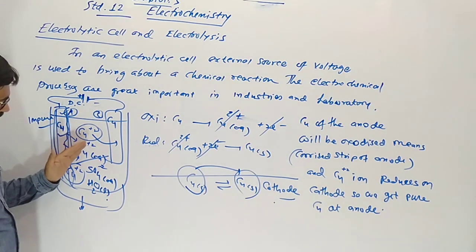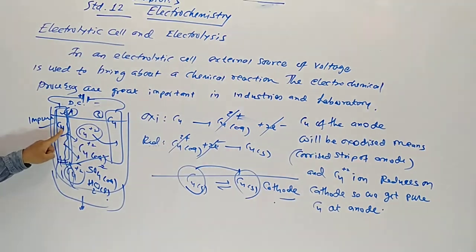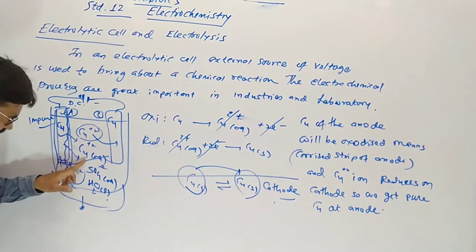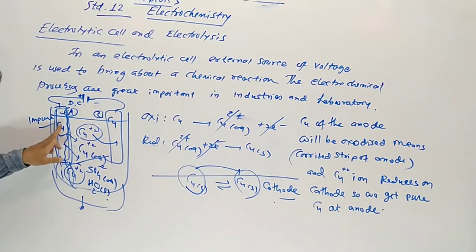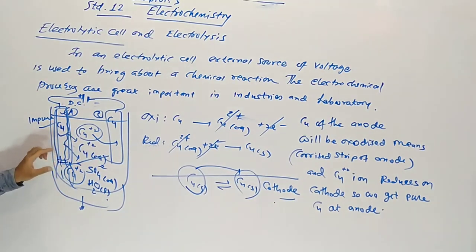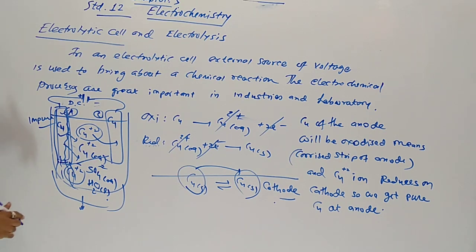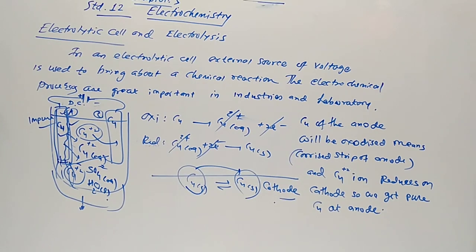Metals are converting into ions due to oxidation. The copper here converted into Cu+2, and this Cu+2 reduces on the cathode. So copper comes from here and is deposited there, and the impurity does not reduce, it settles at the bottom. So this method is useful for high purification of copper metal.